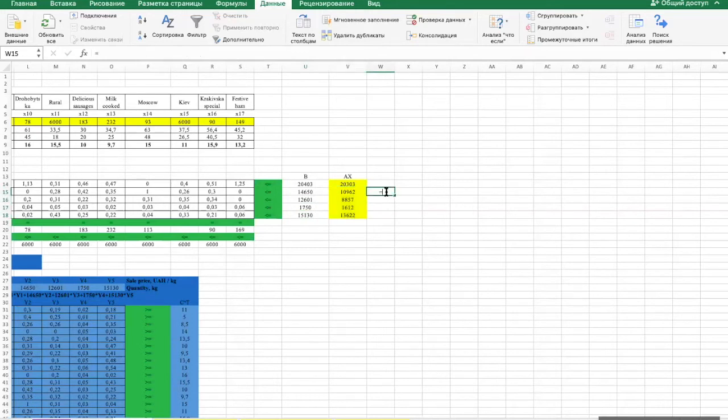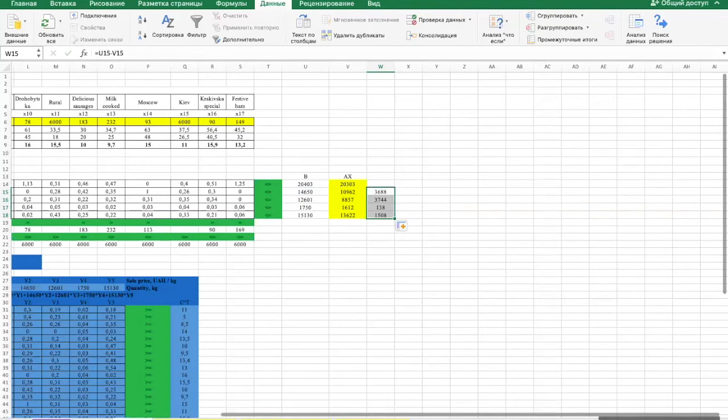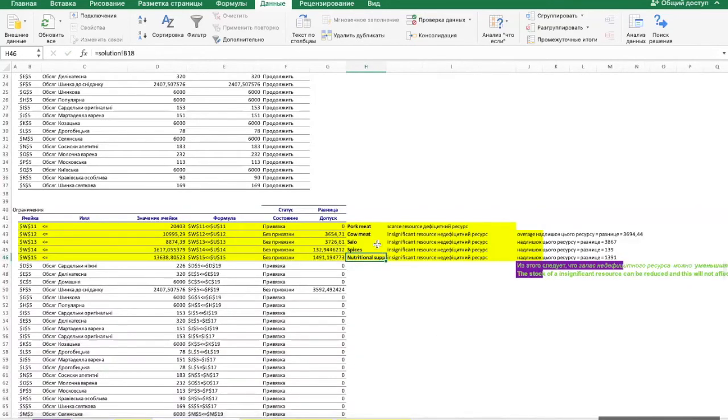How can we define these differences? We just extract from our available quantities the quantities which we need to use to produce the optimal plan. So we can define it by differences, yes? And the same situation we can see in this table, in this column.